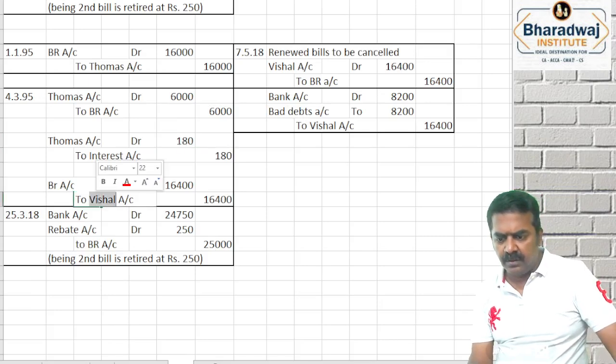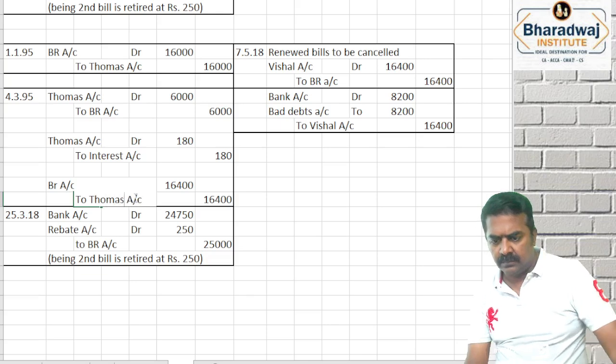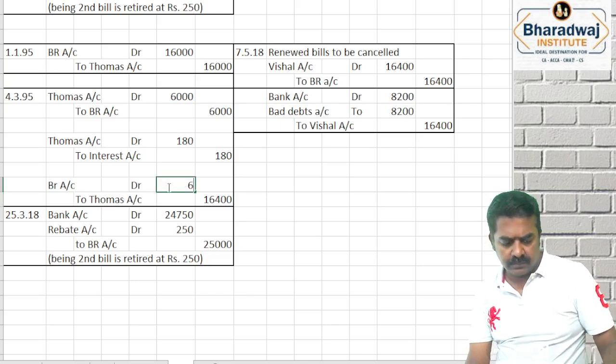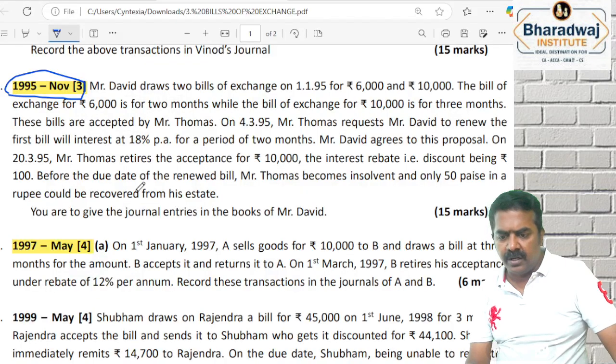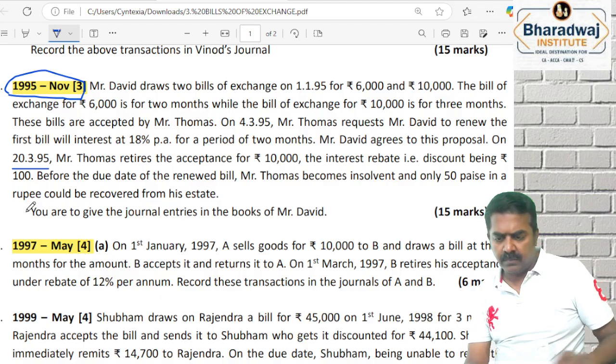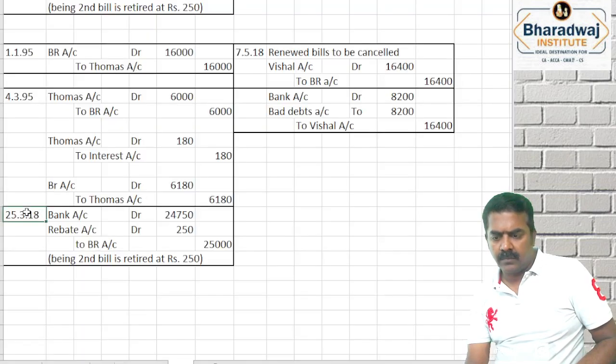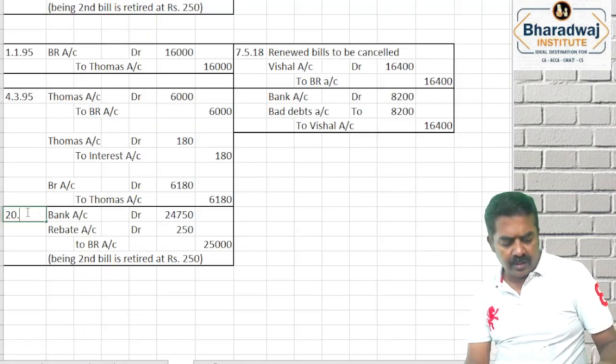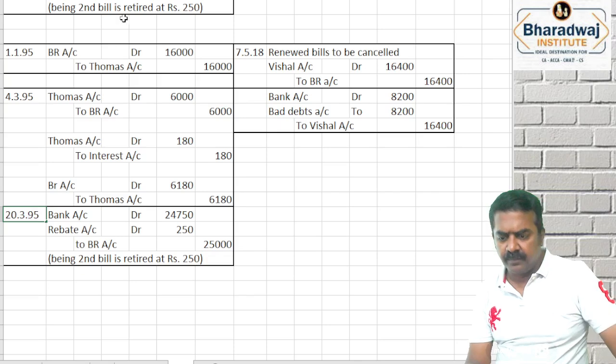Then draw the new bill. Then on the due date of the first bill, 2395.